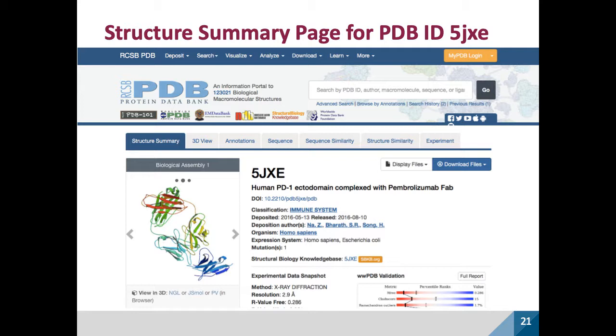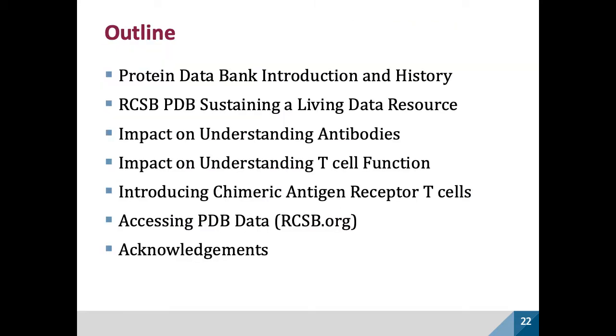So this is a living digital data resource that is literally being used by millions of people around the world. In 2018, we recorded nearly 750 million structure data file downloads from the archive. So that's more than 2 million per day around the world. So I've told you about the origins and the history of the PDB.